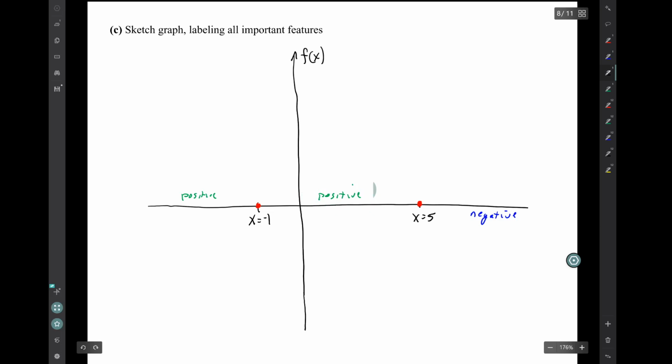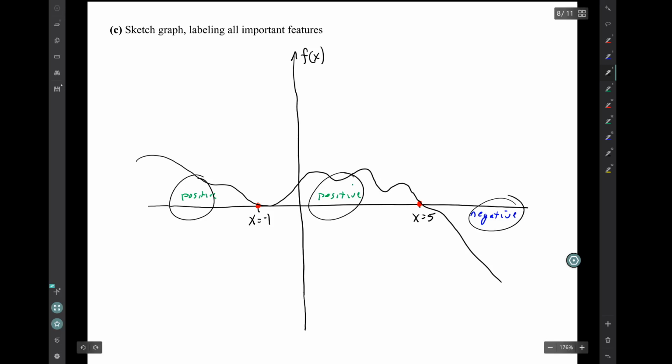Now, based only on that information, we could make a crude sketch of the graph of f of x. So again, we don't know anything else about the function except that it has to be above the axis and below the axis. But we've only used, so far, the information from question A. In question B, we'll get some information about the increasing, decreasing behavior of f of x, and we'll realize that we can be a lot more precise in our sketch.